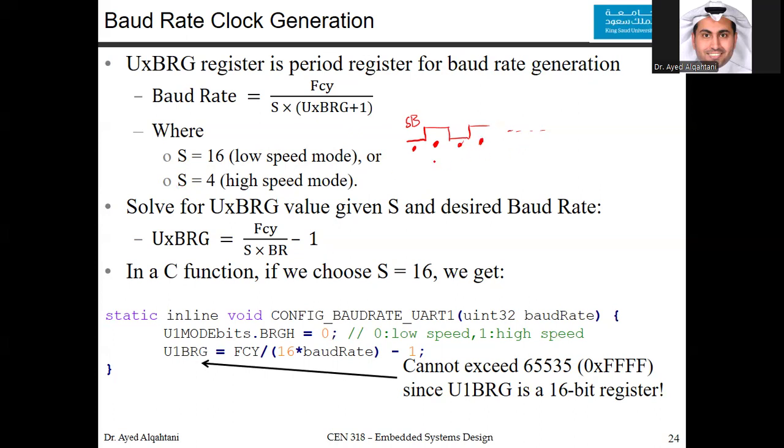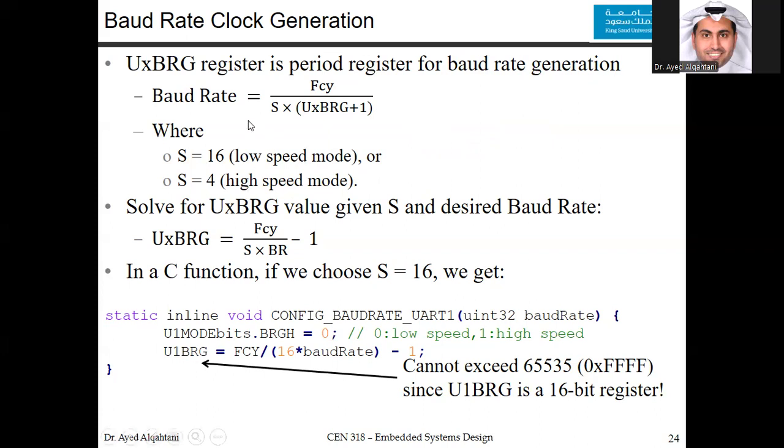While with 4, you would need only 4 in each one of them. So if you were asked which one will transmit the whole frame faster, the one that requires only 4 clocks in each bit frame. This is why we call it high speed.